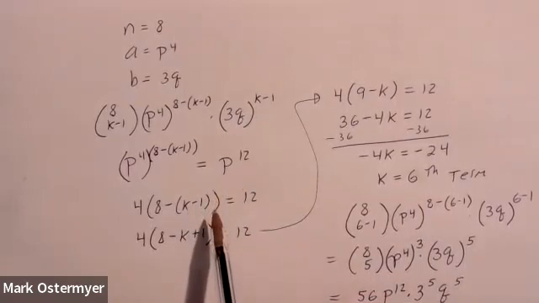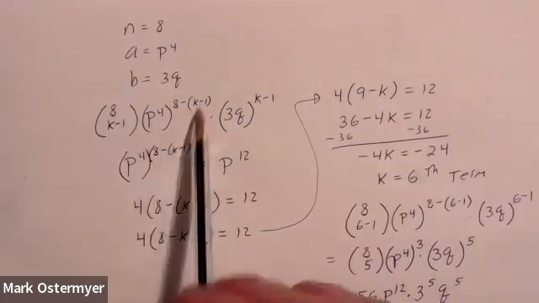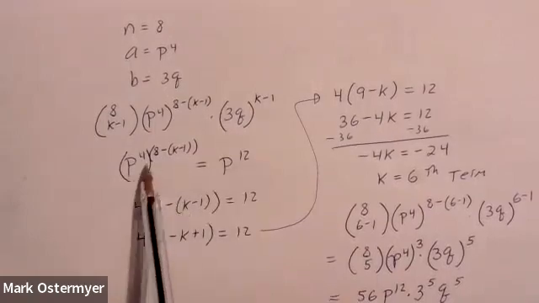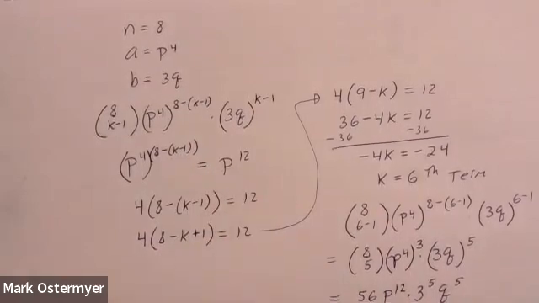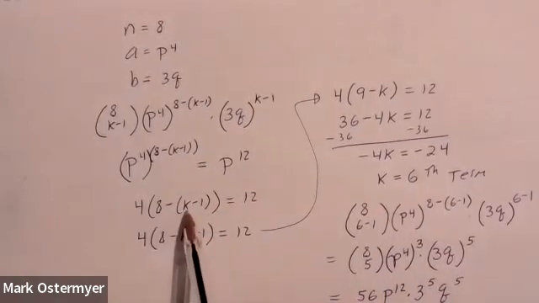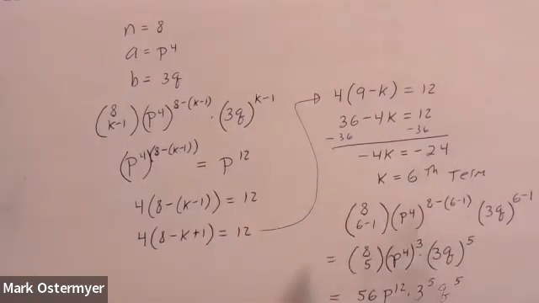So I am interested in this factor being equal to p to the 12th, p to the 4th raised to the 8 minus k minus 1 power. So I set 4 times (8 minus k minus 1) equal to 12. Then I solve for k, and I get k is equal to 6. So it is the 6th term.